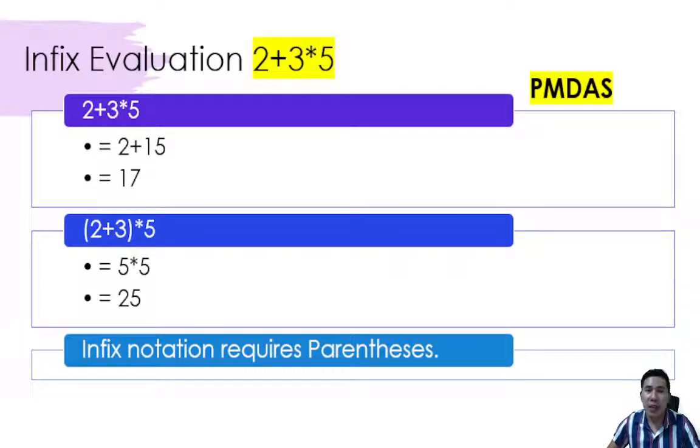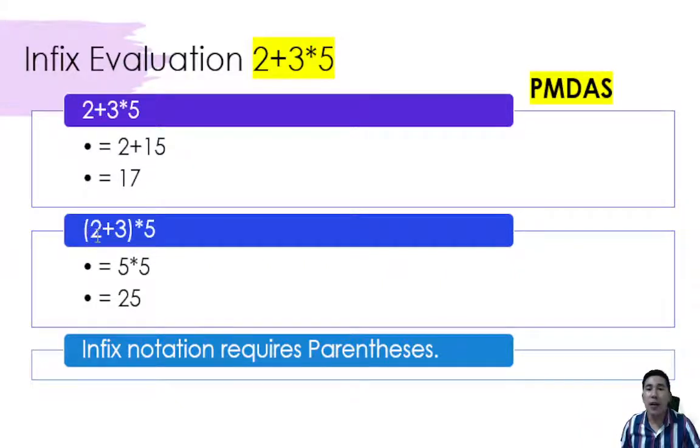In infix evaluation, we follow the PMDAS, which is please my dear Aunt Sally, or parenthesis, multiplication, division, addition, and subtraction. So right here in our example, we have 2 plus 3 times 5. If we follow the PMDAS, the 3 and 5 should be evaluated first before adding 2, which is 3 times 5, which is 15, plus 2 is 17.